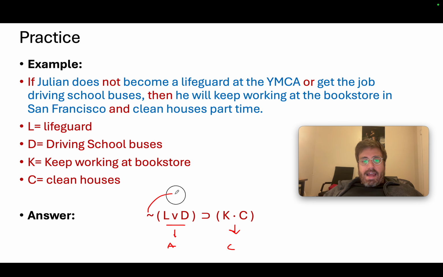And this tilde has to be a negation of this entire antecedent, right? Because the sense of the sentence here is that the antecedent, not becoming a lifeguard or not becoming the driver of school buses, is contained in this parenthesis. So tilde negates wedge, and horseshoe has to be our main operator, right?